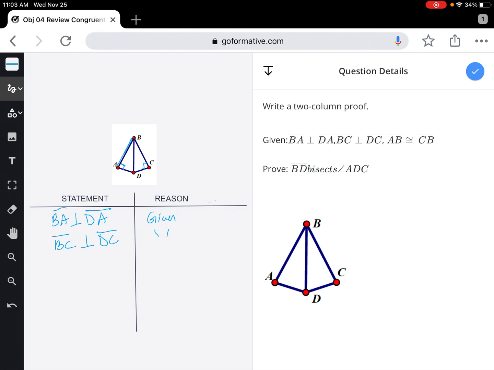Okay, and you also know AB is congruent to BC. That's also given to you. Okay, and so you're trying to prove that BD bisects angle ADC. Okay, so I have one more piece of information here. I know that BD is congruent to BD. That's reflexive property.